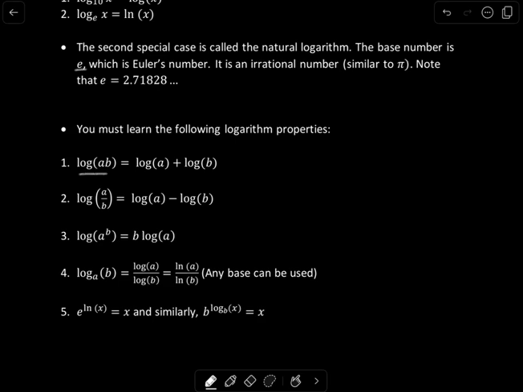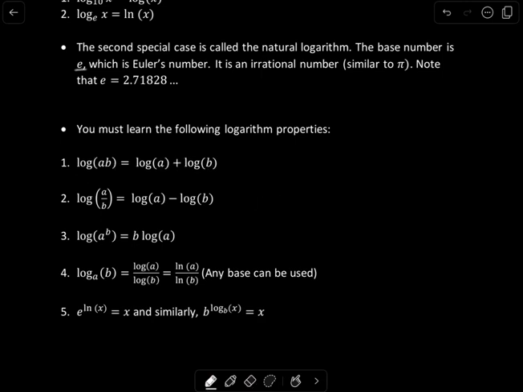They apply to any base where applicable. I'm just using log because it's easier notation. So log of AB, so it has to be A multiplied by B within the brackets, is going to become log of A plus log of B.